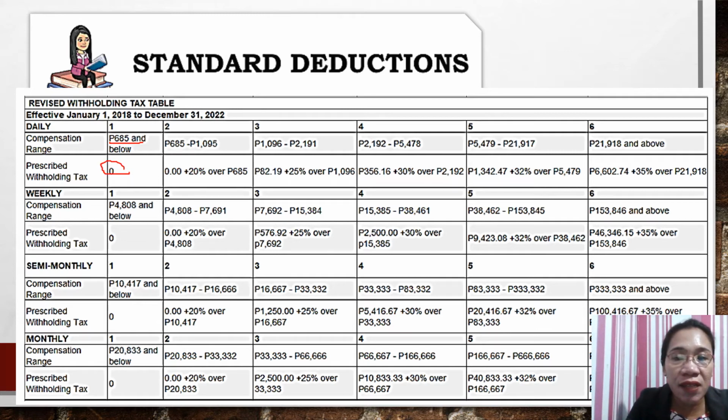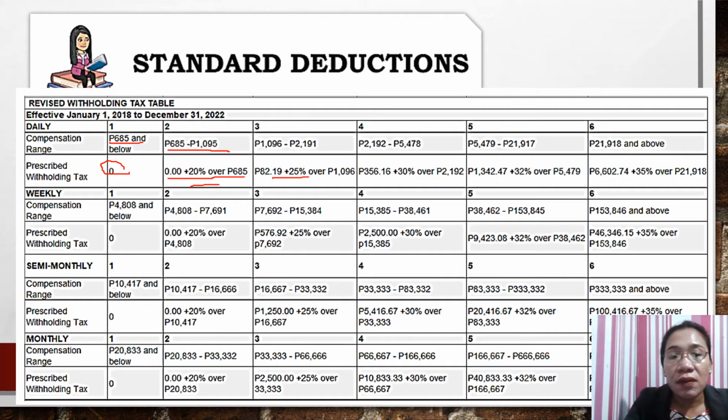For 685 to 1,095 daily wage, you will be deducted 20% of your difference. For example, your wage is 1,000, so 685 will be deducted from 1,000 and your 315 will be taxable for 20%. Ganun yun. So, and so on.